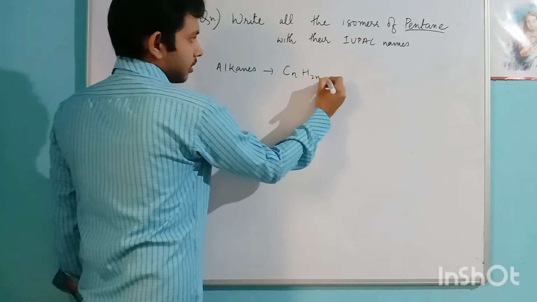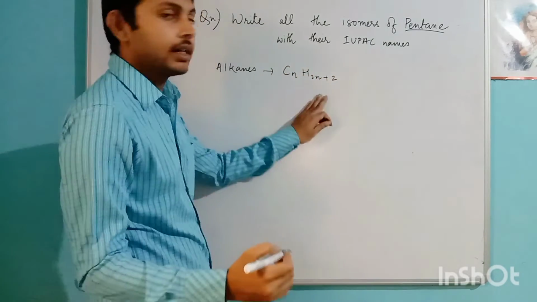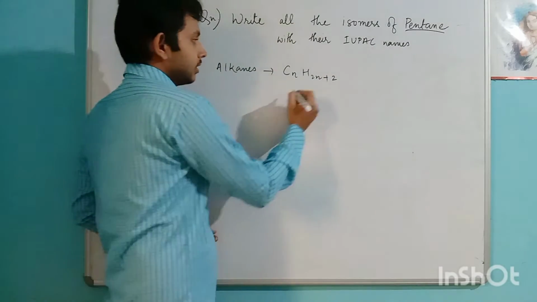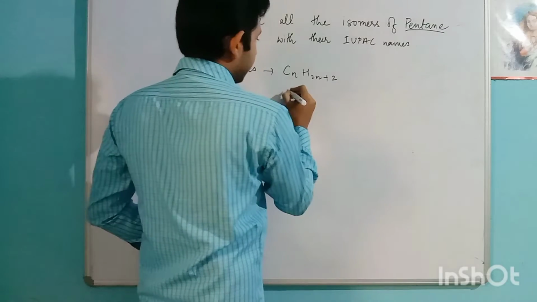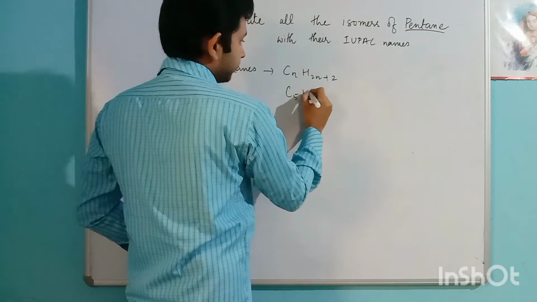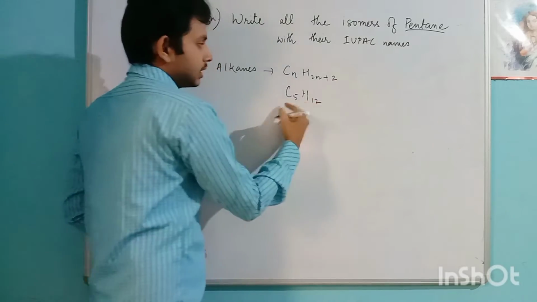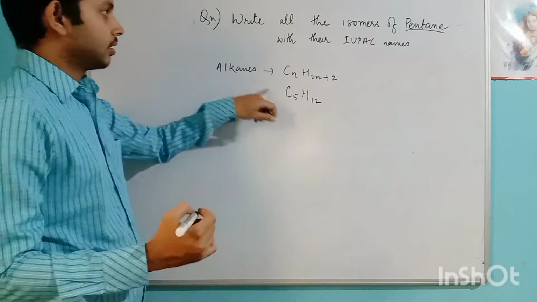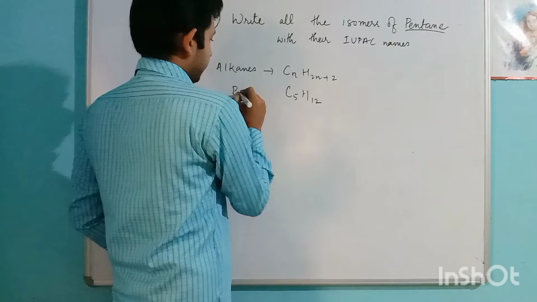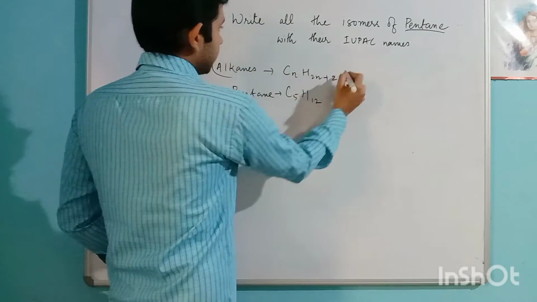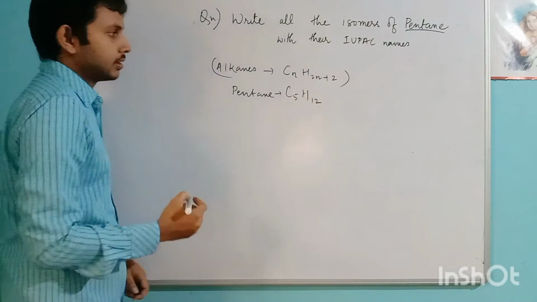CnH2n+2. This I had taught in the last video. For pentane, the number of carbons is 5, so 2 times 5 is 10, plus 2, 12. So this is the general formula of alkanes.